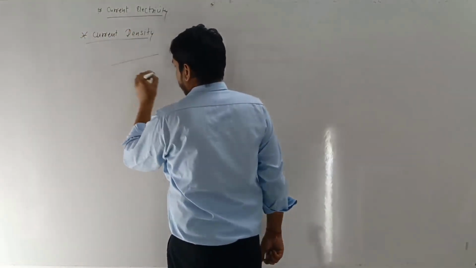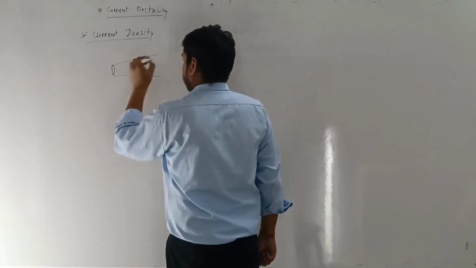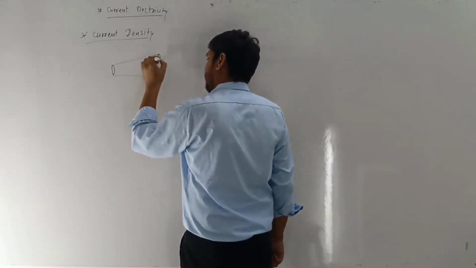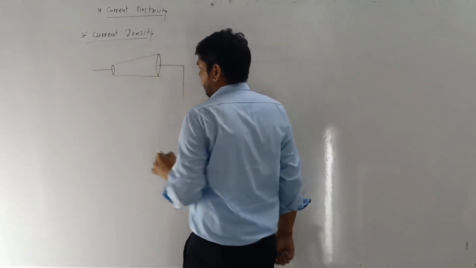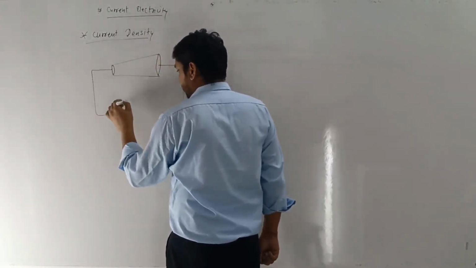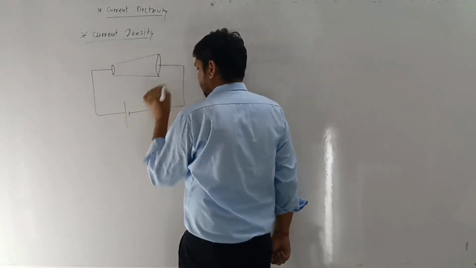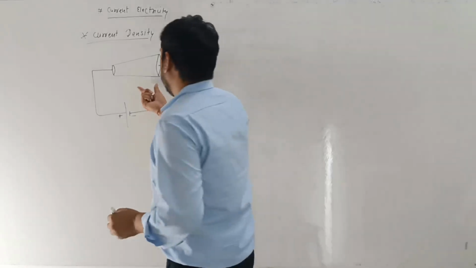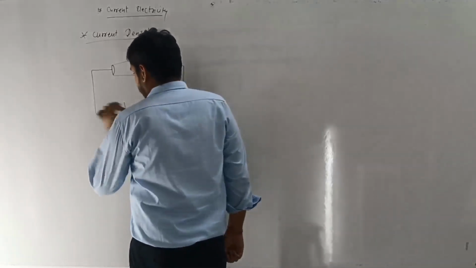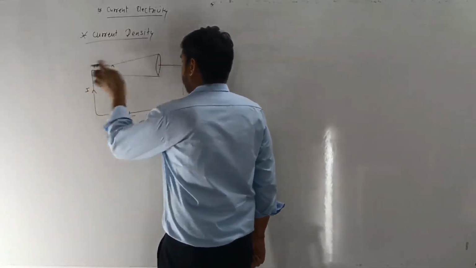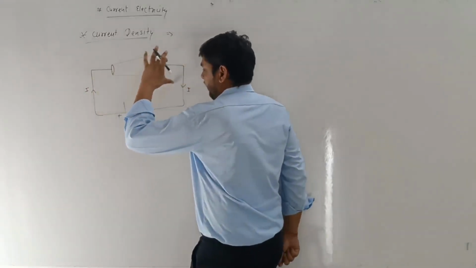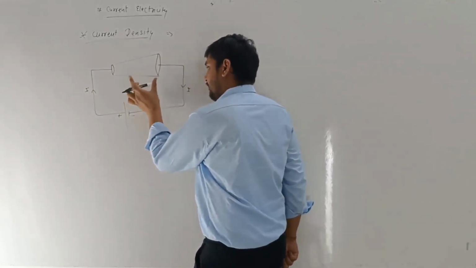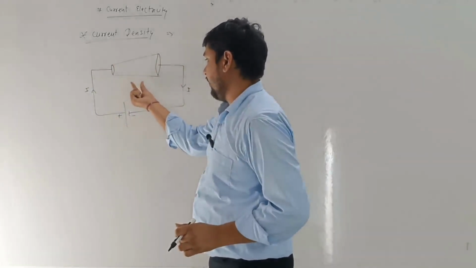Example, there is a conductor which has a variable cross-section area and it is connected with a battery. The direction of electric current is from positive to negative terminal. The net amount of electric current passing through this cross-section area per unit area.